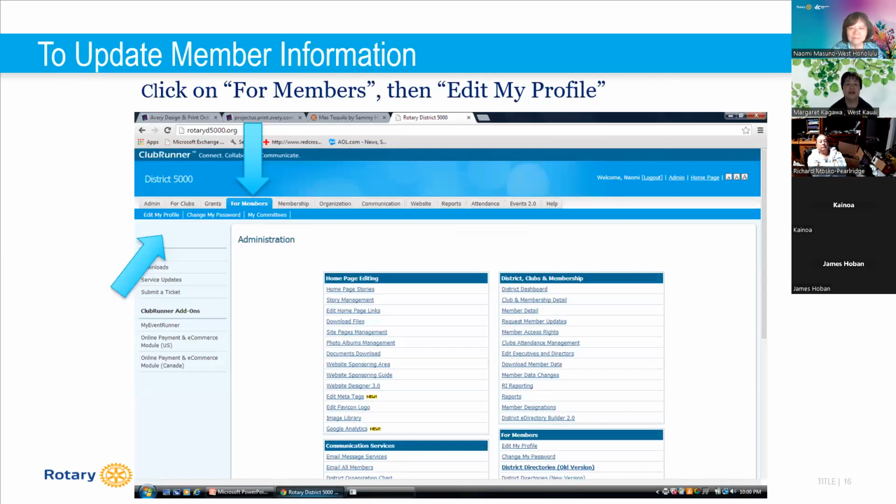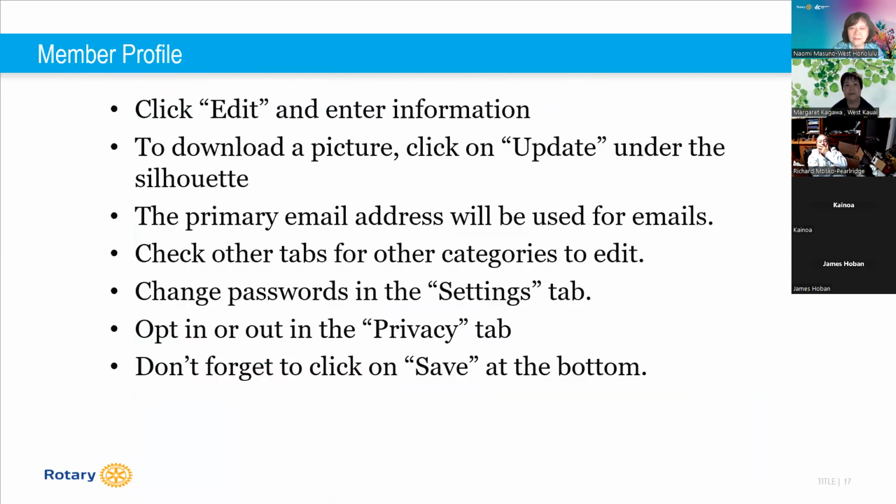Okay, so this is how you're going to update it. You go on the District 5000 website and you sign in, and then you get this Club Runner screen where you can update everything. You go to members, and then you pull up their record and you can edit the profile.